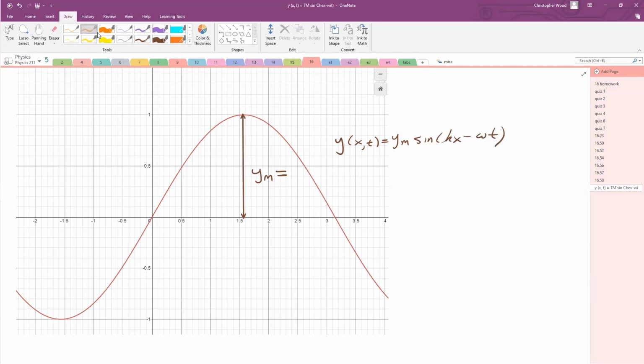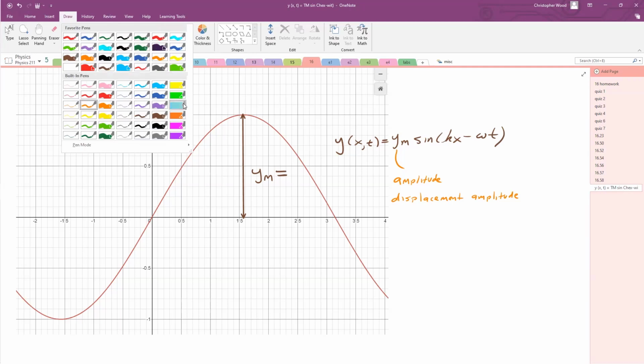So naming is important. Sometimes you just hear it referred to as amplitude. Sometimes you hear it referred to as displacement amplitude. But it's referring to what's going on along that axis, displacement. And anything with the word amplitude is referring to a max value.